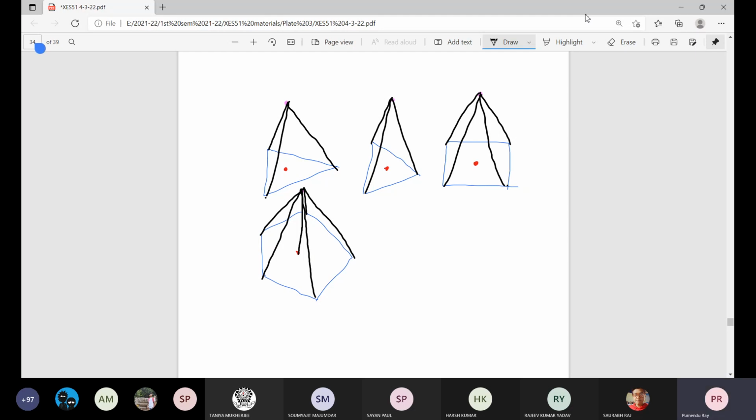So basically, we have the base polygon, either this irregular triangle, this regular triangle, or this rectangle, or this regular or irregular pentagon. This is the base polygon.